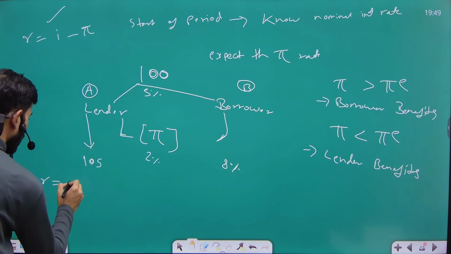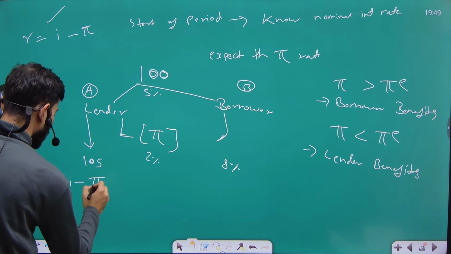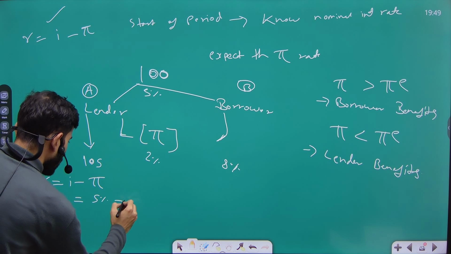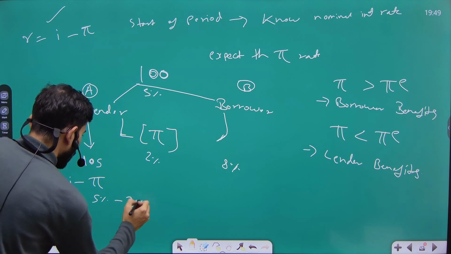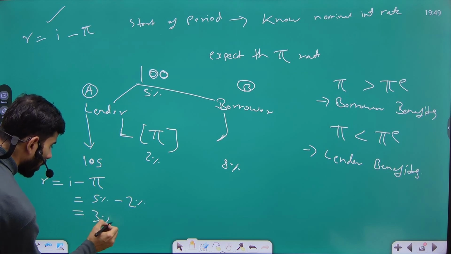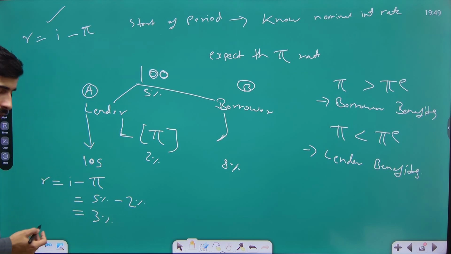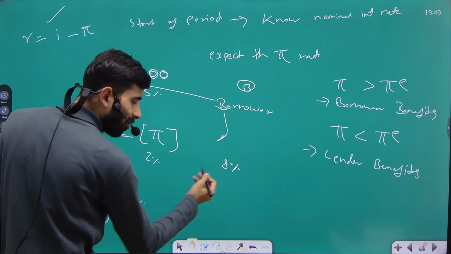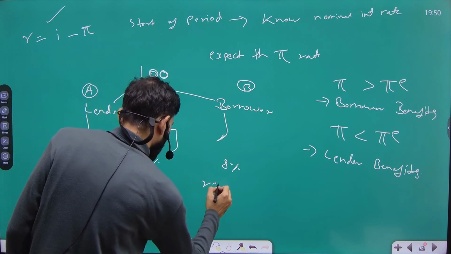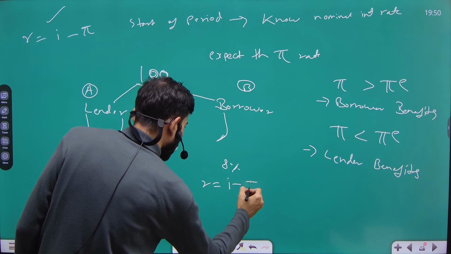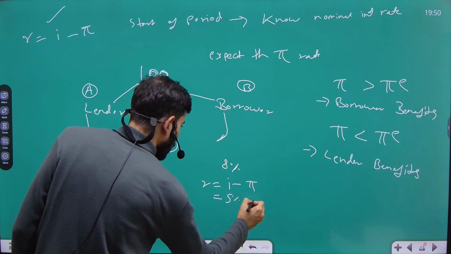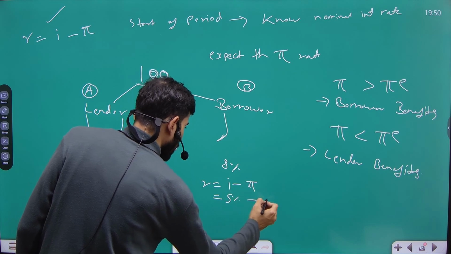So basically real interest rate is i minus inflation. So here i is 5% minus 2%. If inflation turns out to be 2%, then in real terms he will get 3% as the real interest rate. But if inflation turns out to be 8%, then again real interest rate is equal to nominal interest rate minus inflation, which is 5% minus 8%.